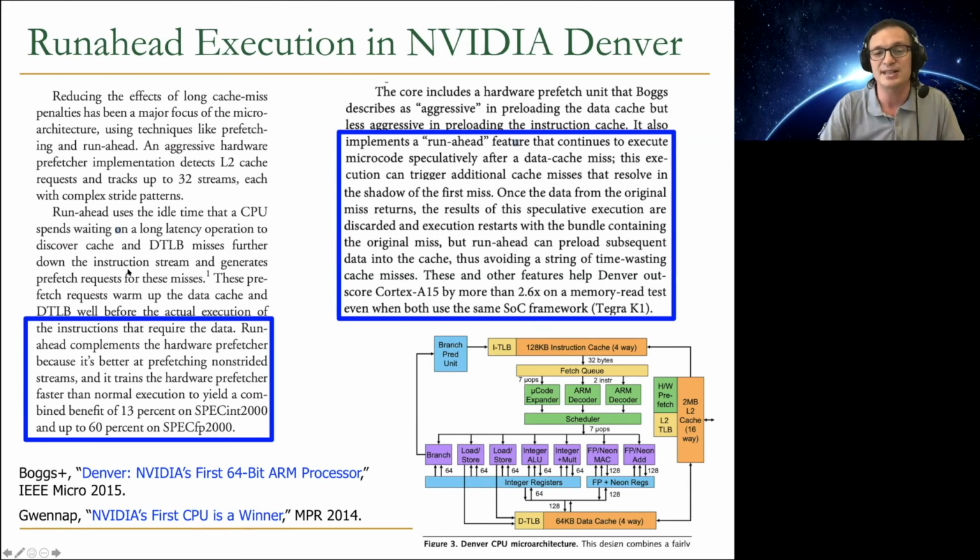And you can see they describe how Runahead works, and they basically say they get significant performance improvement. So Runahead complements the hardware prefetcher because it's better at prefetching non-strided streams, and it trains the hardware prefetcher faster than normal execution to yield a combined benefit of significant percentages, as you can see over here. And again, you can read more over here.